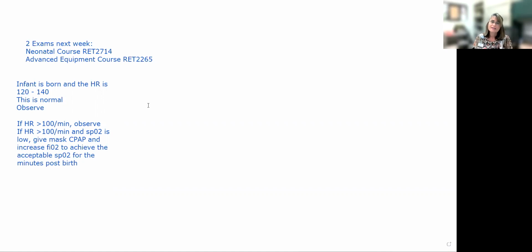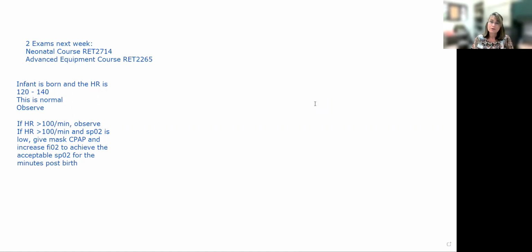But if it says after 1 minute, the saturation is 50%, that's lower than expected. So after 1 minute, you would expect O2 saturation to be about 65%. So if you're not achieving 65%, now you want to give some oxygen. And how should you give that oxygen? So you'll hold a mask over the newborn's face and deliver some positive pressure. So it's called mask CPAP.